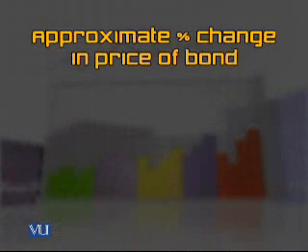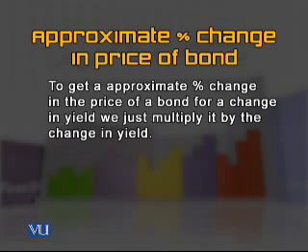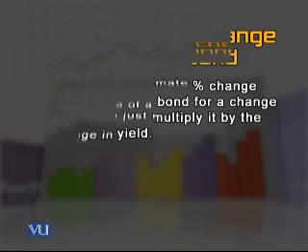Now, let's think about the approximate percentage change in the price of a bond. To get an approximate percentage change in the price of a bond for a change in yield, we just multiply it by the change in yield. Think again, look again, understand again: how do we get an approximate percentage change in the price of a bond?